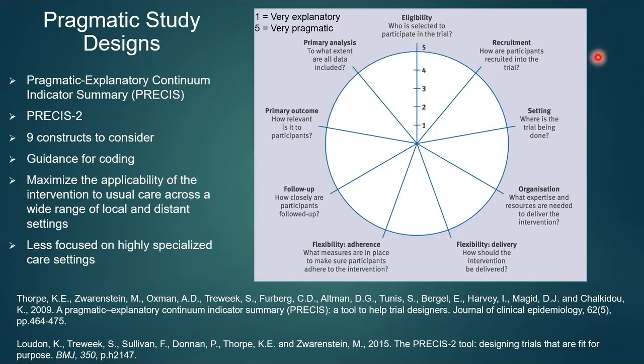The next one is recruitment. Again, 5 would mean very pragmatic, 1 very explanatory. For example, a very pragmatic recruitment strategy wouldn't use extra incentives or methods of reaching out for people to join the trial and so forth.